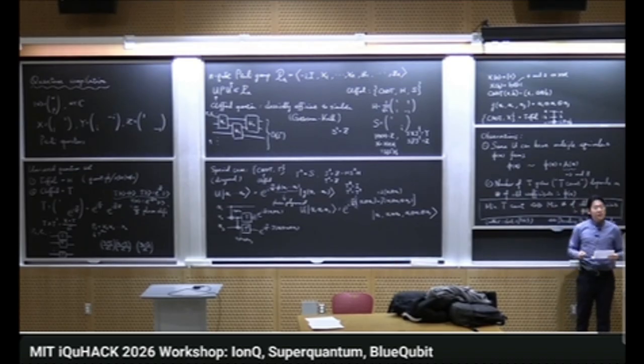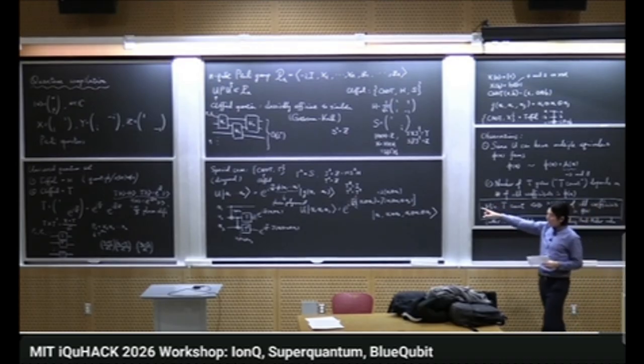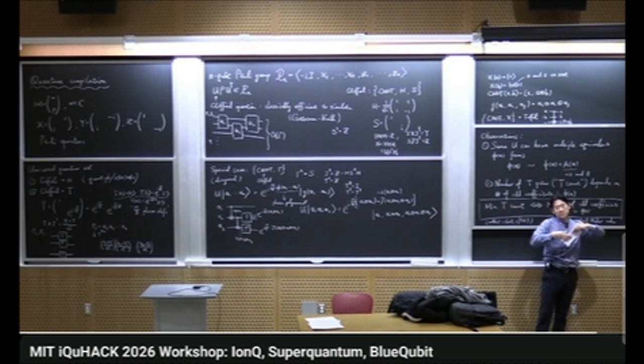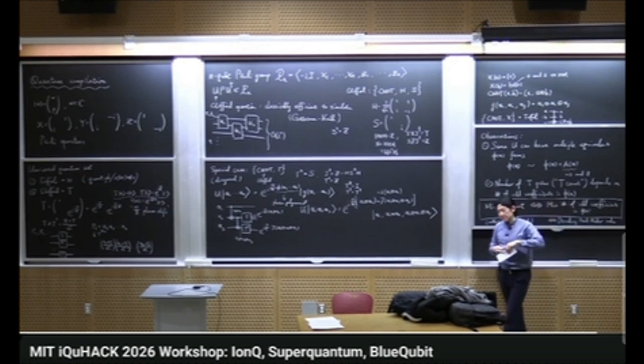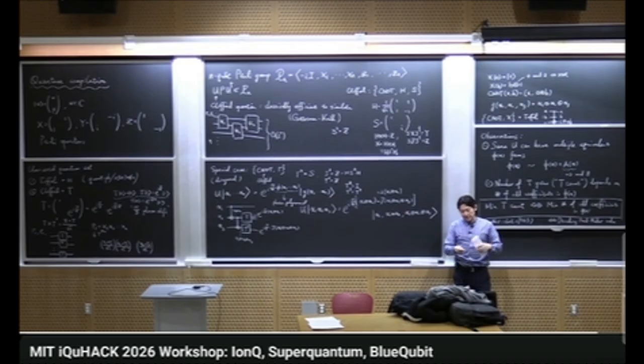Would this last for the special case or in general? This works for the special case when we have the diagonal unitary. But if you add the Hadamard, there are ways you could decompose a general unitary into alternating layers of diagonal unitary and Hadamard, and then another diagonal unitary and Hadamard.